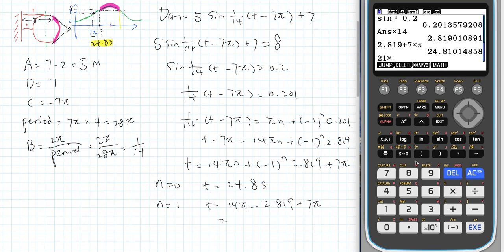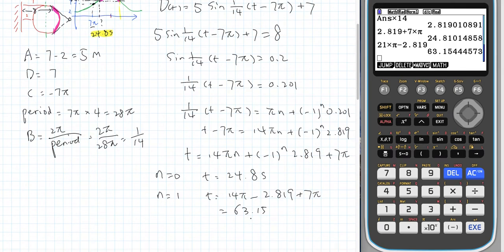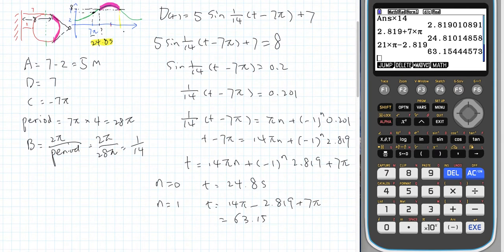So 21 times pi minus 2.819 gives us 63.15. That's close enough. So that will be the next time in the first period that gives us the distance equal to 8.